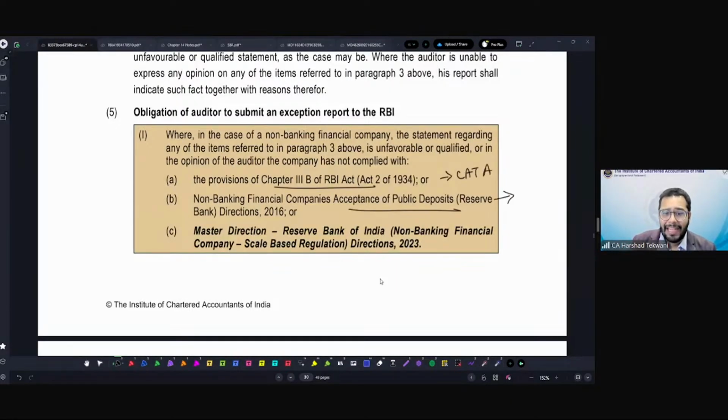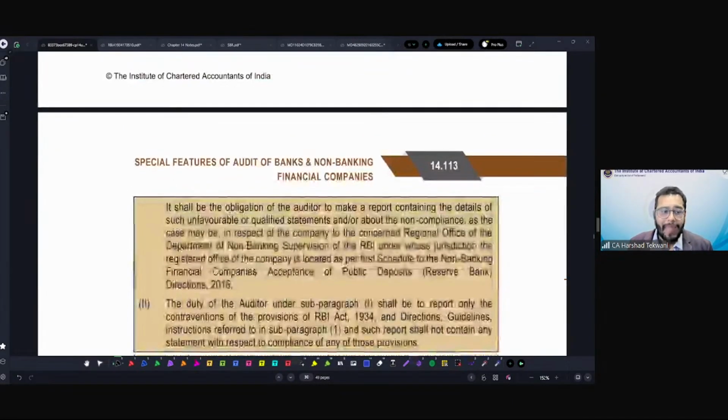This is nothing but category B. Qualifications with respect to category B things, or qualification with respect to SBR, scale-based regulation. If there is any non-compliance with any of the things, prepare a summary report of the non-compliance of the unfavorable and qualified remarks, and then send it to the RBI, to the Department of Non-Banking Supervision of the RBI. Simple.